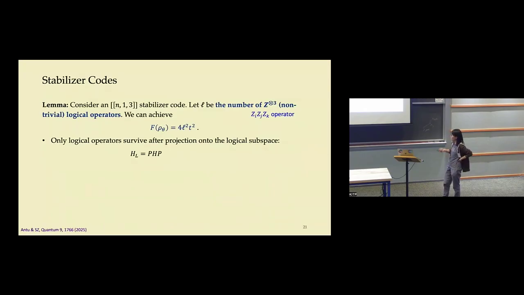After we do the projection of the Hamiltonian, everything is going to be trivial. If we have some kind of error operator, it's just going to contribute 0 to the logical Hamiltonian.